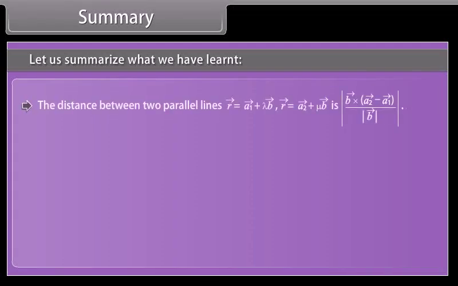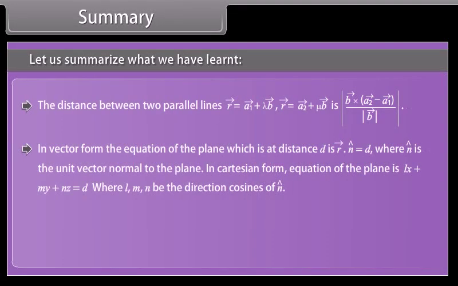The distance between two parallel lines is given by the following. In vector form, the equation of the plane which is at distance d is given by the following, where n cap is the unit vector normal to the plane.